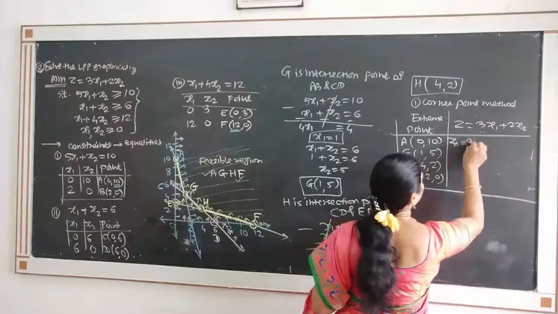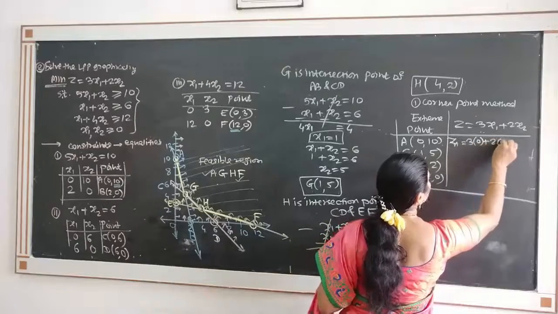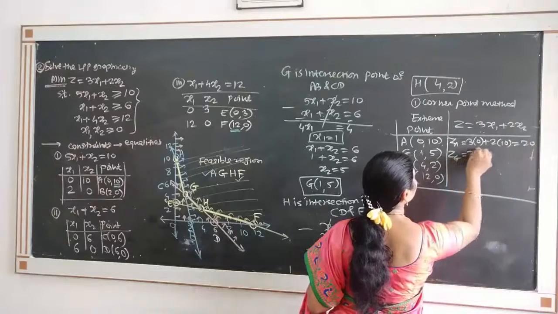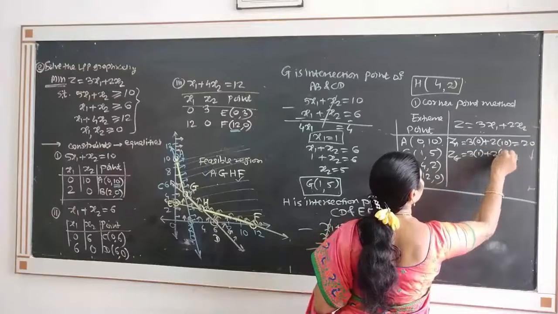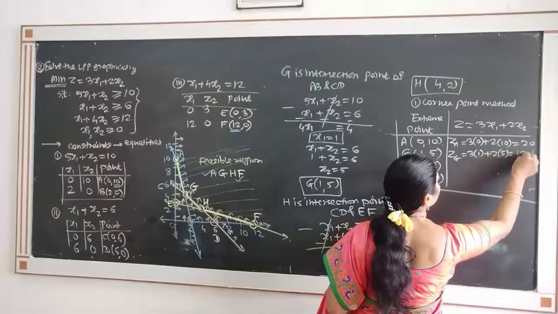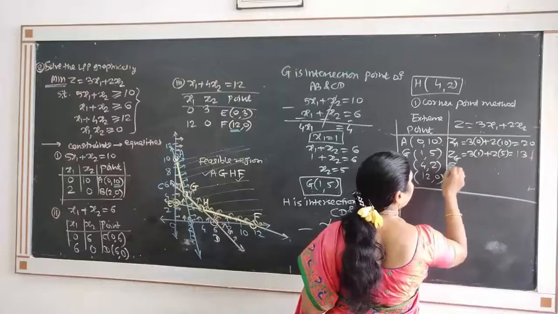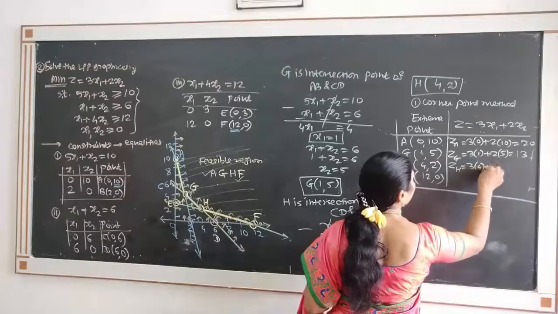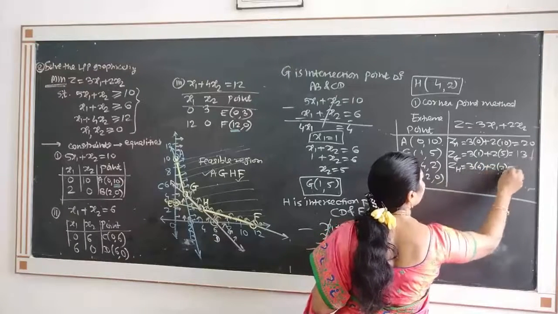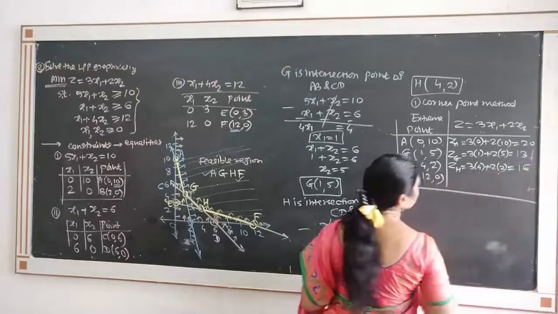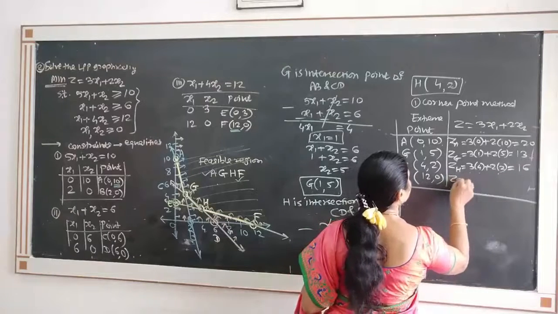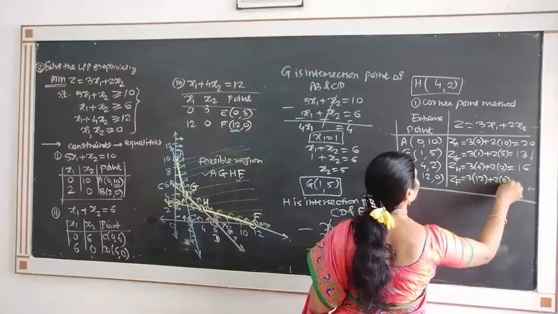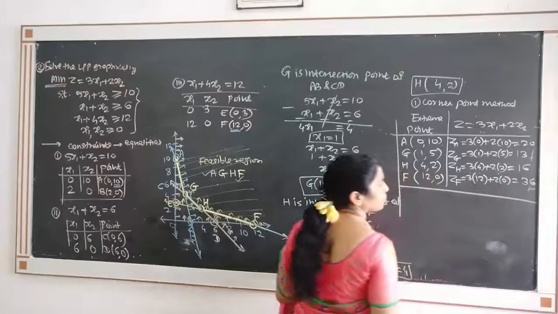Z at A, that is 3 into 0 plus 2 into 10, 20. Z at G, 3 into 1 plus 2 into 5, 3 plus 10, 13. Z at H, that is 3 into 4 plus 2 into 2, 12 plus 4, 16. And Z at F, that is 3 into 12 plus 2 into 0, that is 36.